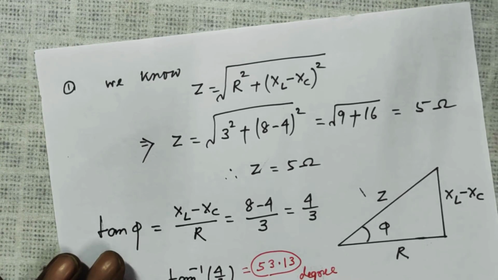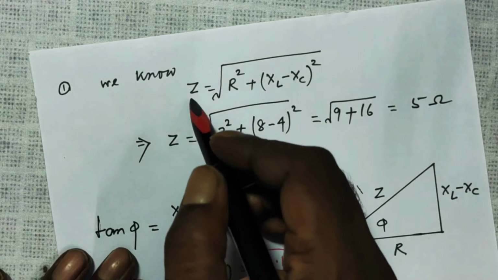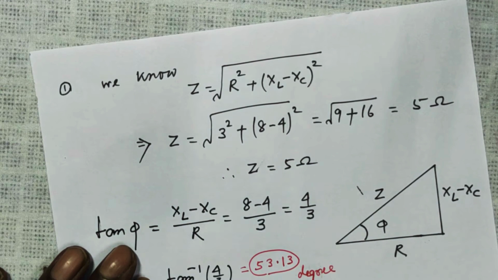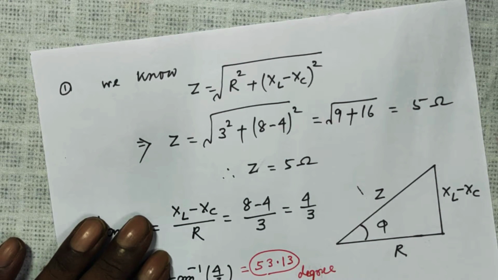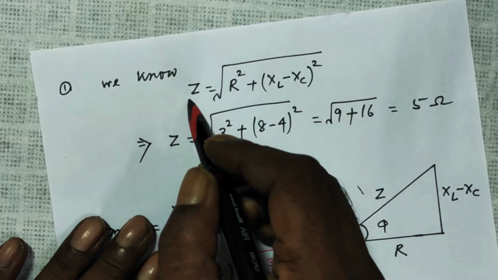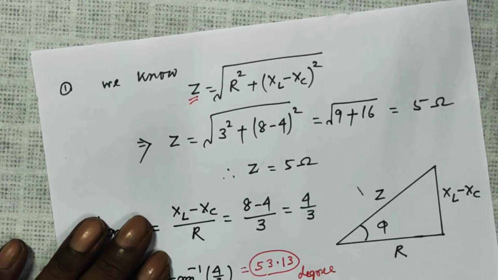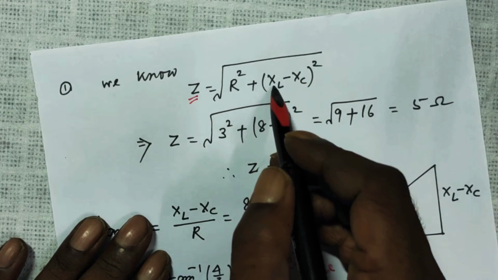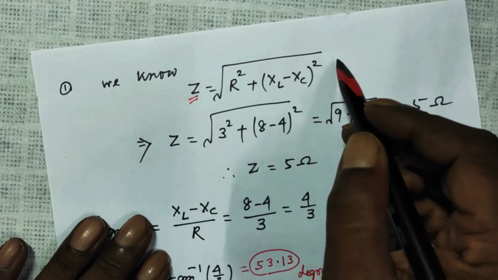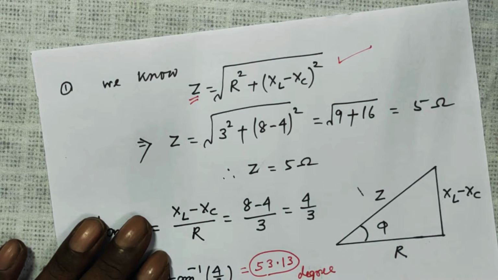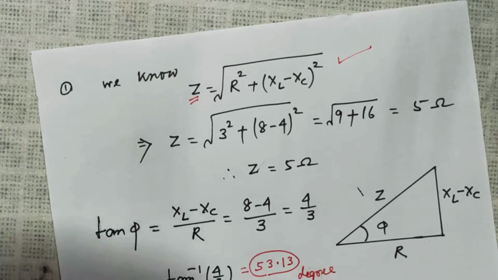Now, in a series RLC circuit, the total resistance offered by the circuit was called impedance and the symbol was Z. And it was derived as the square root of R square plus XL minus XC square, right? It is not like this.